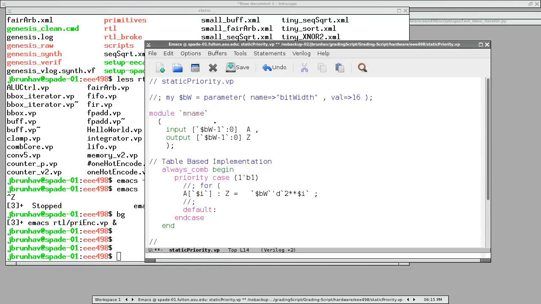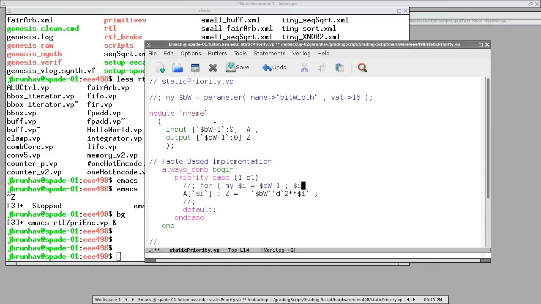For my $I equals 0, $I less than $BW. Ooh, we almost messed that up. So the ordering is important here. So we want the highest bit to have the highest priority. So we need this loop to start on BW -1.